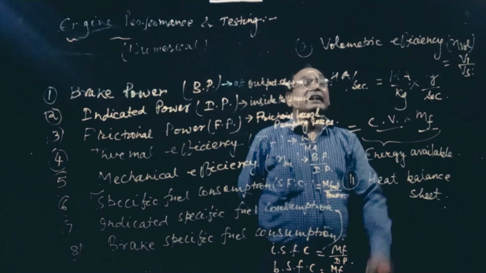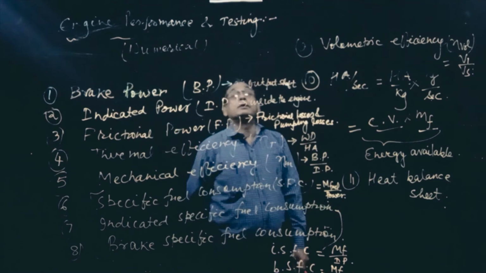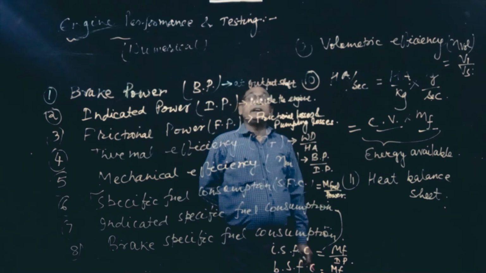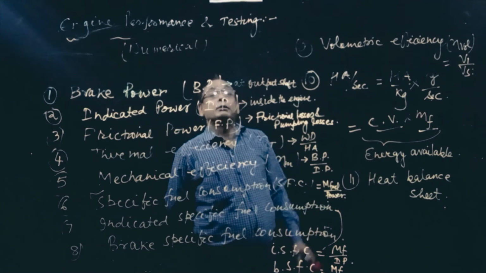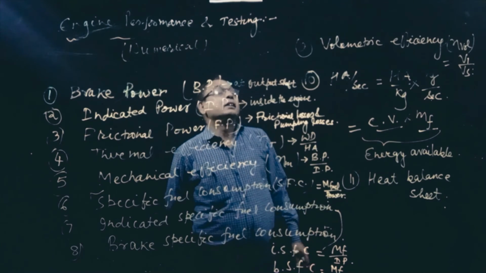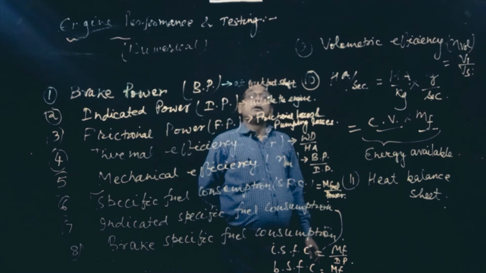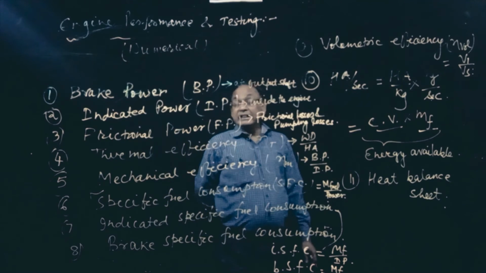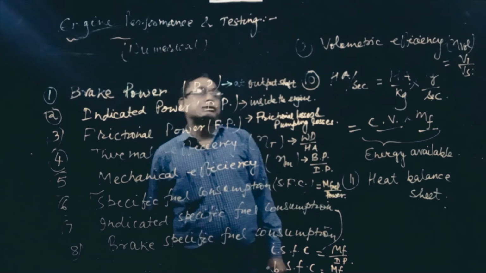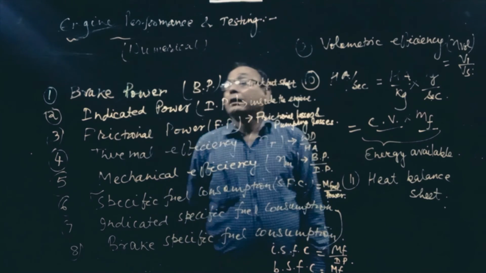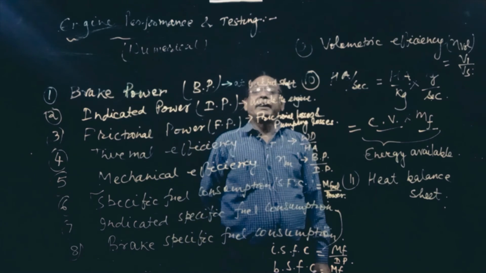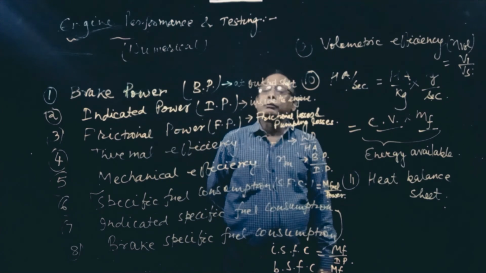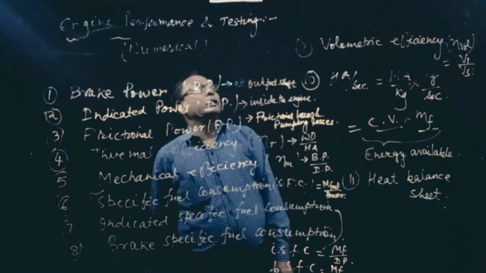And in the heat balance sheet, how we are going to use the energy available inside the cylinder, how it is distributed, where we are utilizing it, we are going to find that out. There are so many formulae. In the next lecture I will be discussing each and everything. If you know the formula, we can find out all the values.